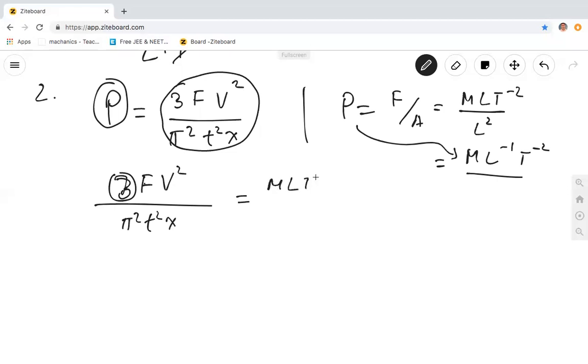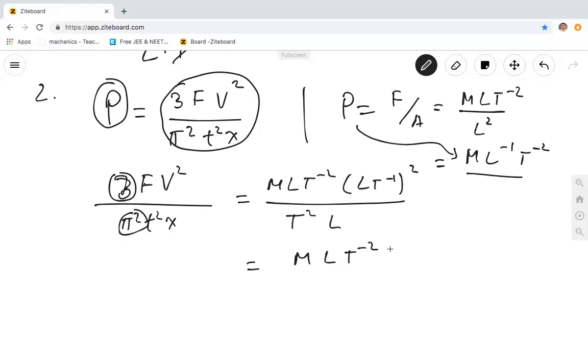So it's m L T minus 2 for force, L T minus 1 square, and then pi square is dimensionless, it is t square, it is x, it is L. So it will be m L T minus 2 L2 T minus 2 by T2 and L. So one L gets cancelled, so it is m L2, this T minus 6.